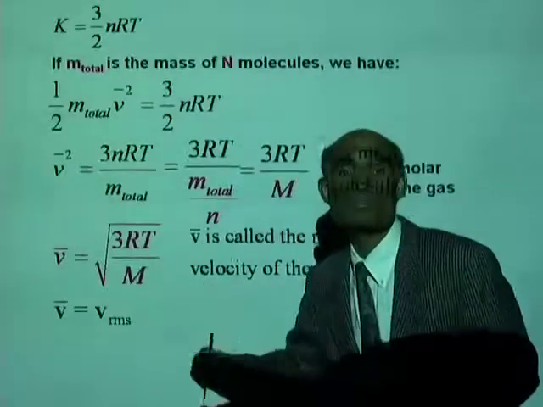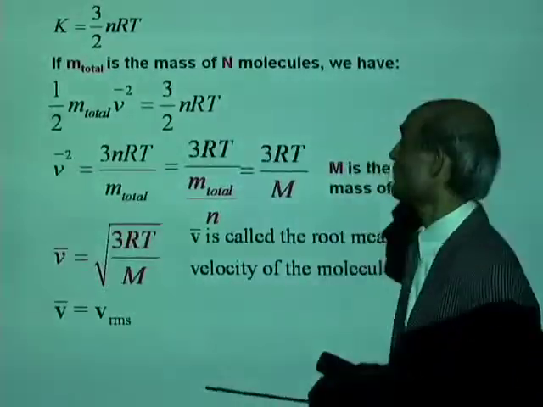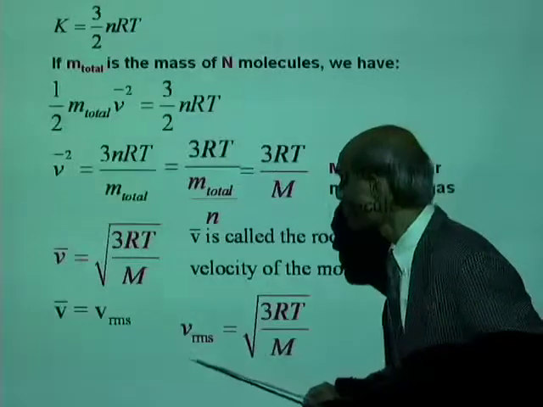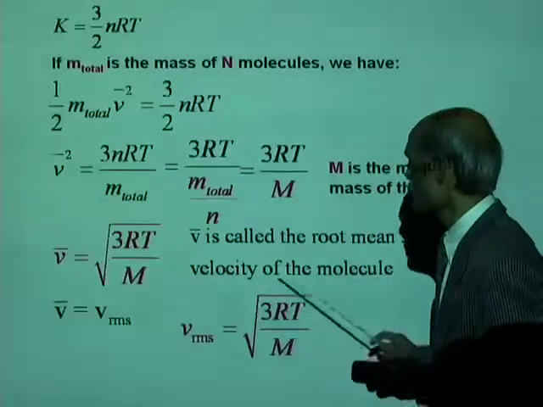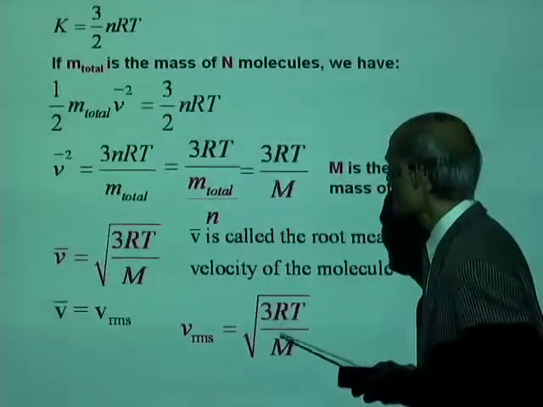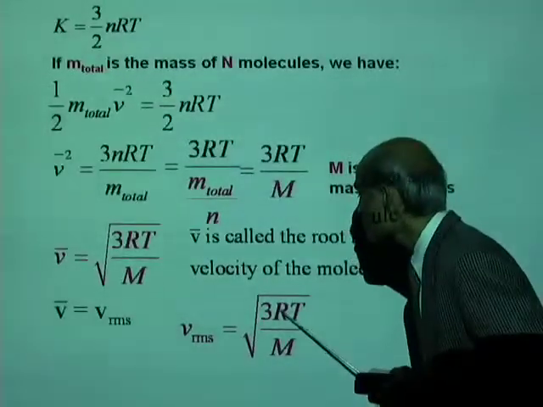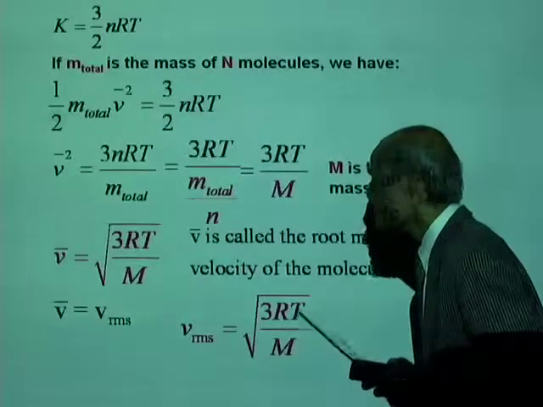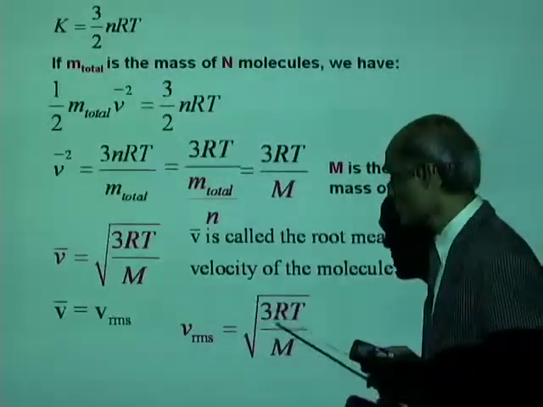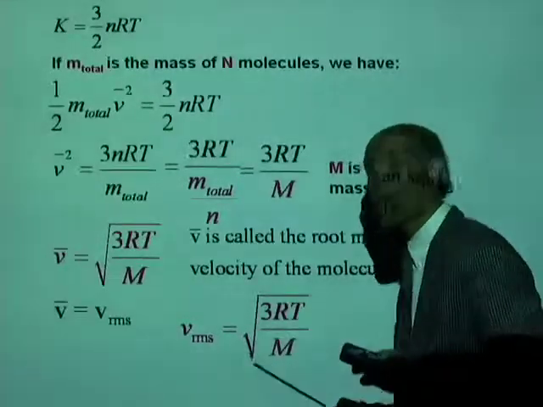RMS stands for root mean square velocity. So V_RMS equals the square root of 3RT divided by m, where R is the universal gas constant, T is the Kelvin temperature, and m is the molar mass.